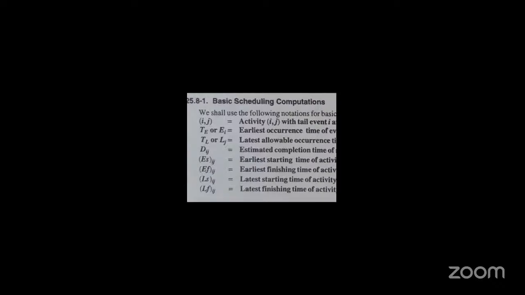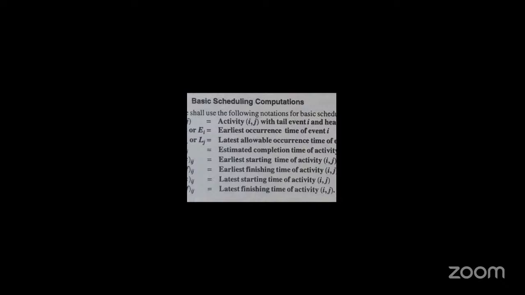While solving a network problem using the PERT and CPM method, we have to take these basic notations. The pair ij indicates activity with tail event i and head event j.